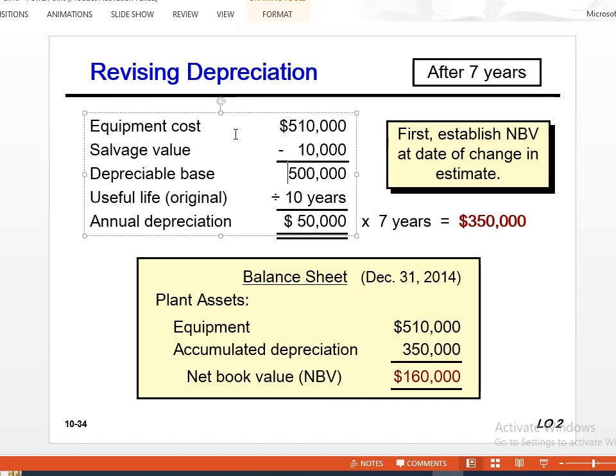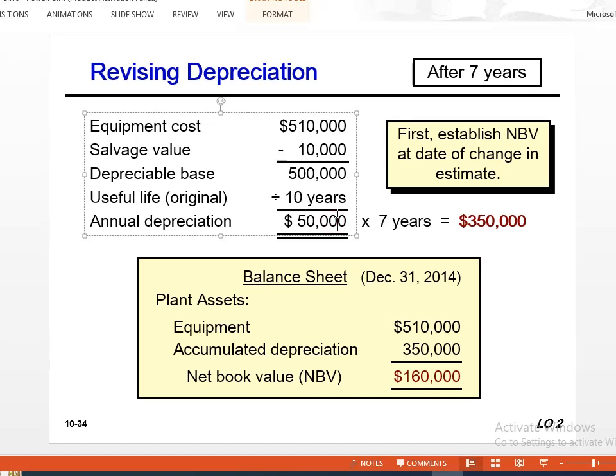So annual depreciation under the straight line method, as we just looked at in the formula, is cost minus salvage value, which gives you the depreciable base. So cost is 510,000 minus 10,000, the depreciable base becomes 500,000, divided by useful life in years. What was useful life initially? 10 years. So annual depreciation, which we have recorded for 7 years, is 50,000.